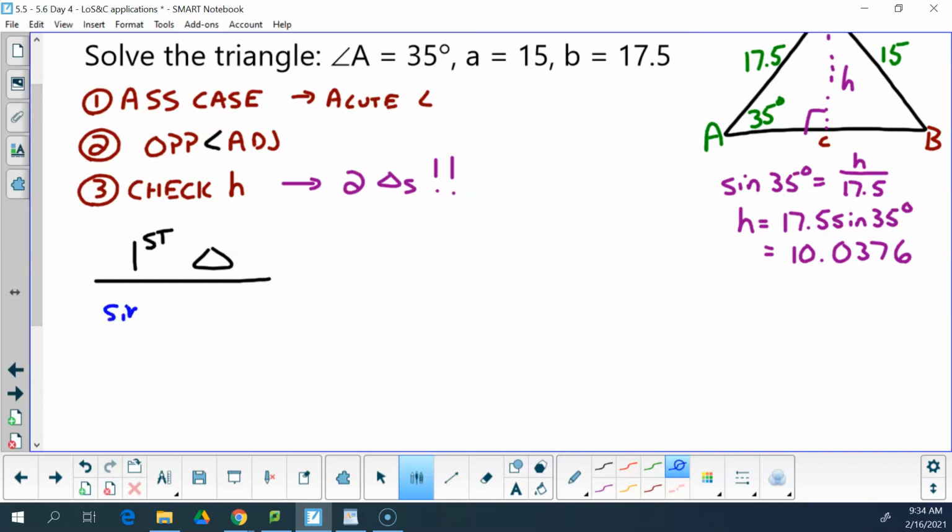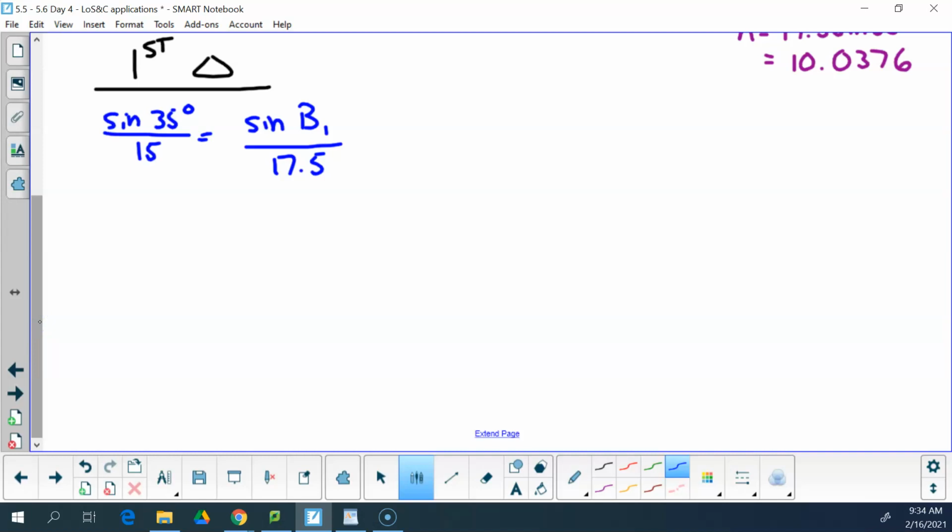So, sine of 35 degrees all over 15 is equal to the sine of angle B sub 1 all over 17.5. 15 sine of angle B sub 1 is 17.5 sine of 35 degrees. This is what you were talking about, right, Jade? Yeah. Yep.